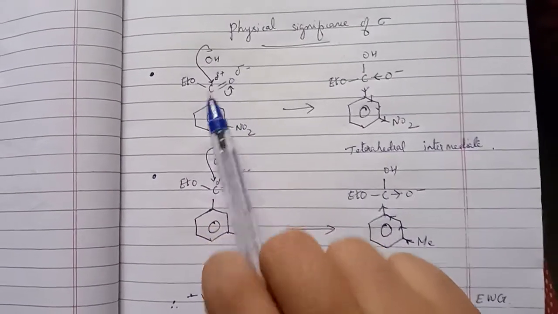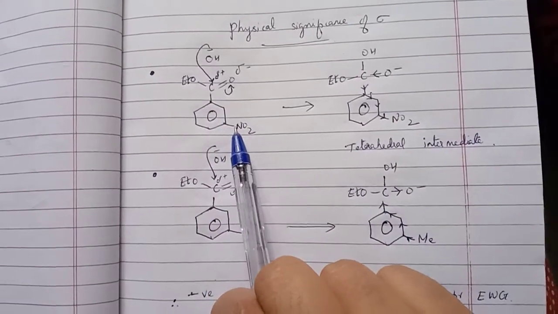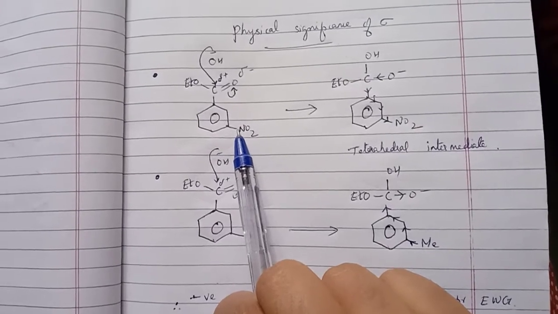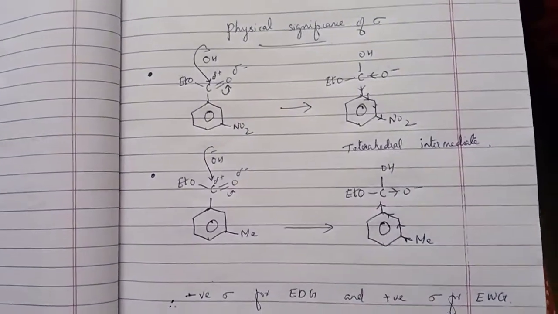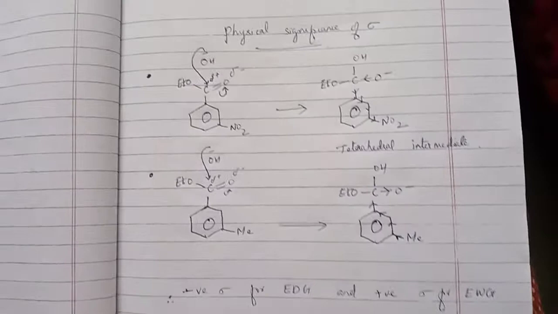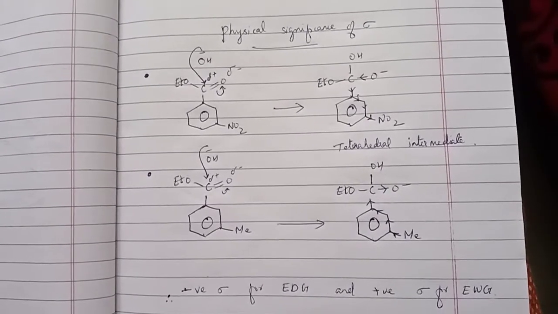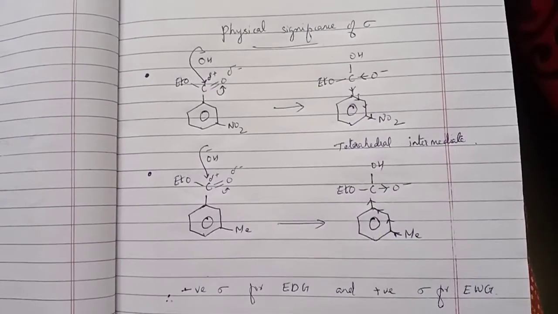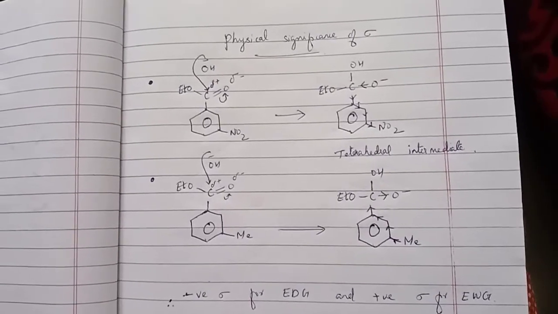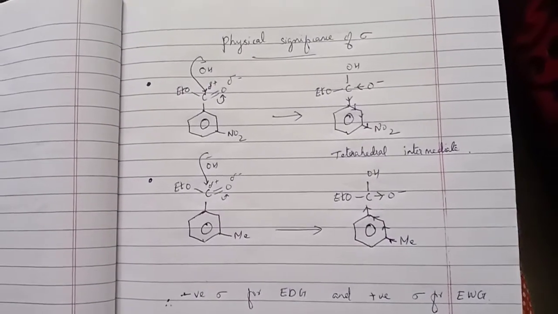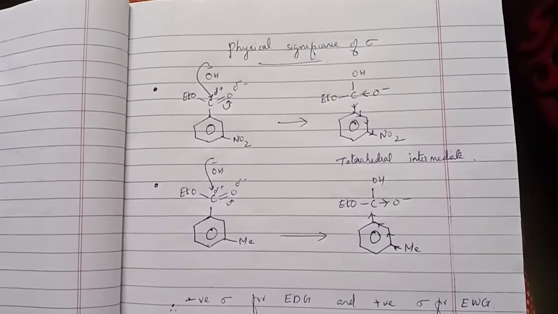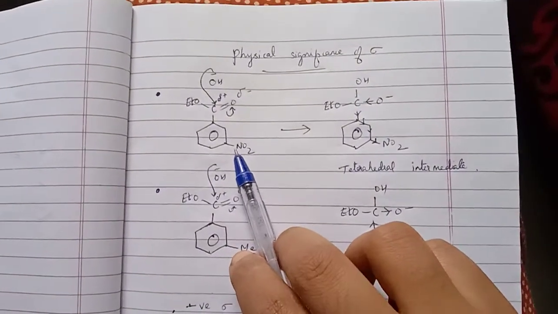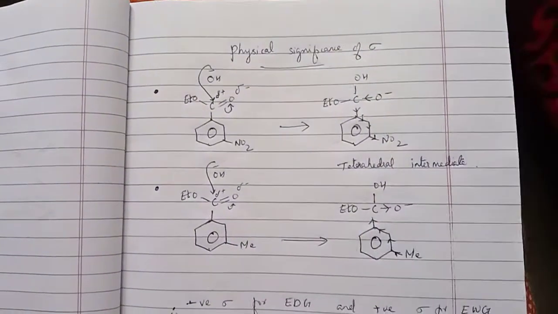So a phenyl ring with a nitro group at the meta position. Earlier we said that substituents at meta and para positions give the Hammett equation, but substituents at the ortho position do not. So the meta nitro group is considered here.